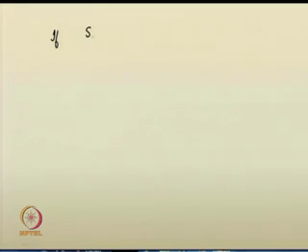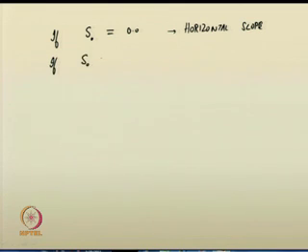In addition to this, if the bed slope of the actual flow condition is equal to 0, then those flows are called horizontal slope channels. What happens if S0 is less than 0?